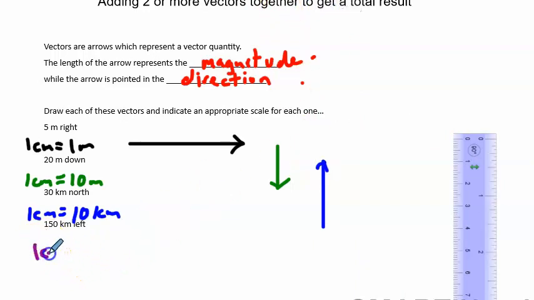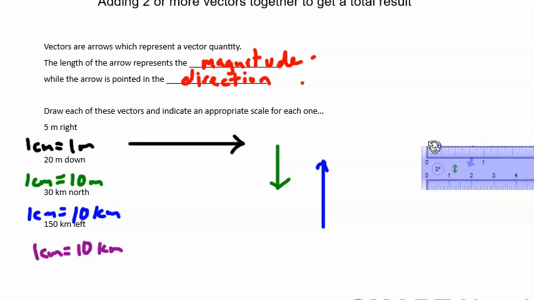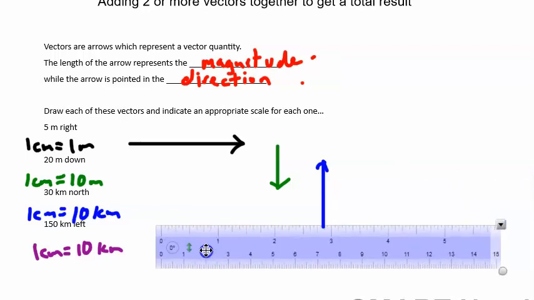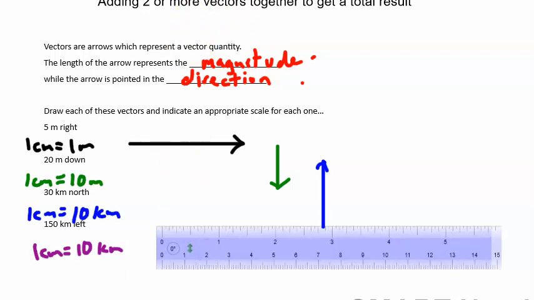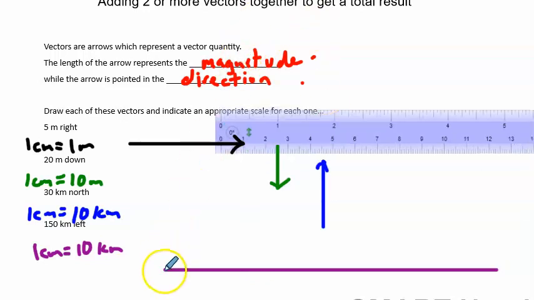Last one, again, same scale, 1 centimeter is equal to 10 kilometers. Now this is moving to the left. I'll get my ruler straight. So we're going to draw this line 15 centimeters in length, but it's going to be pointing to the left.